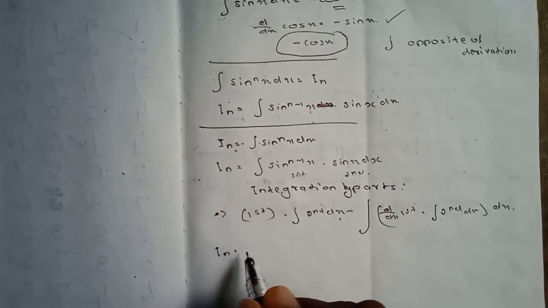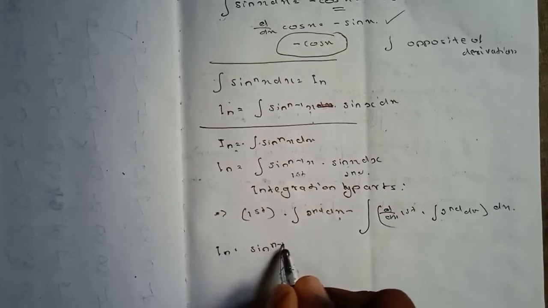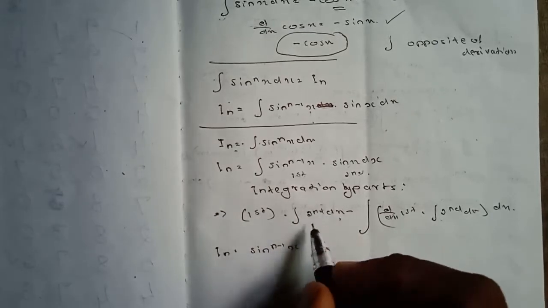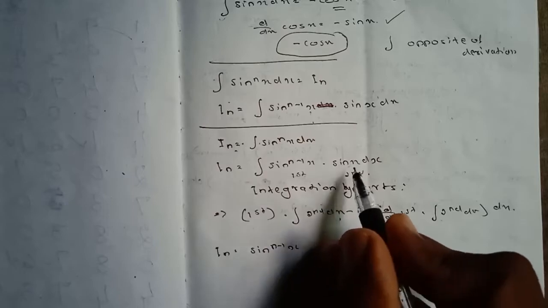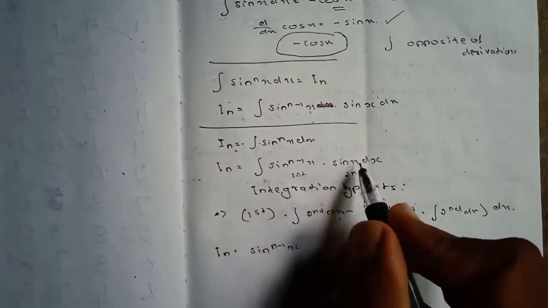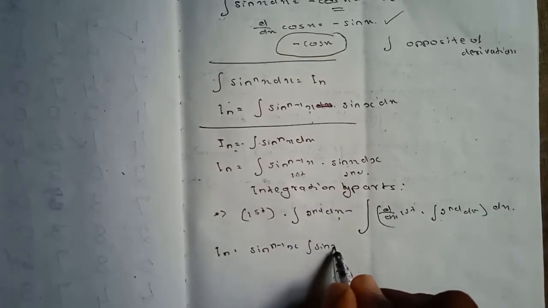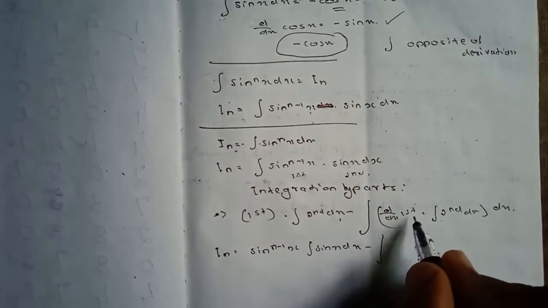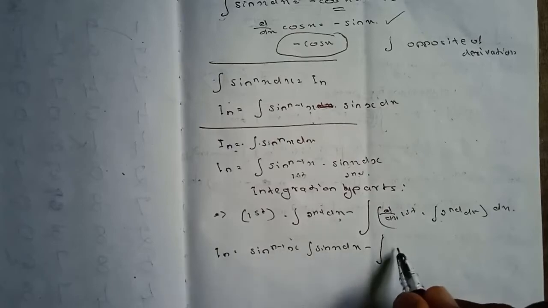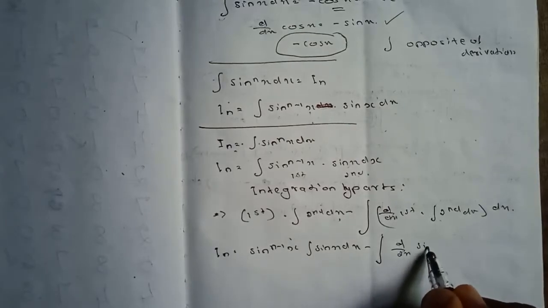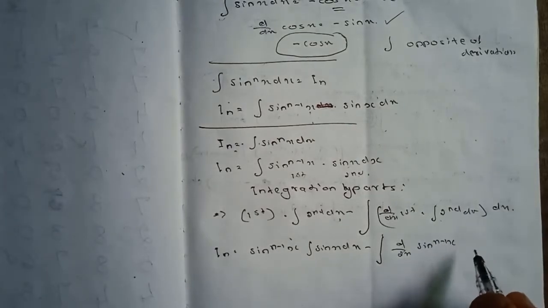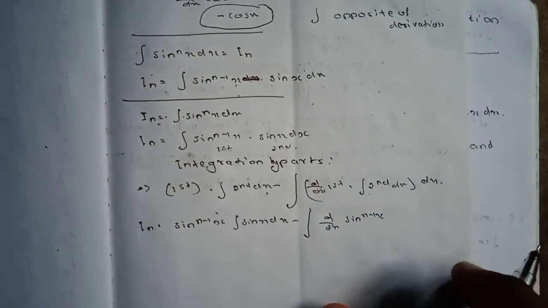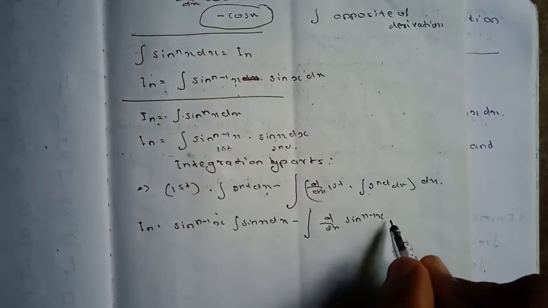Then we put the first function as sin^(n-1) x here. Then the second is the integral of the second dx, which means the integral of sin x dx, minus the whole integral of d by dx of the first function, that is the derivative of the first function, d by dx of sin^(n-1) x.